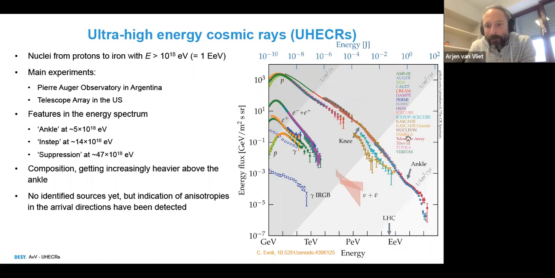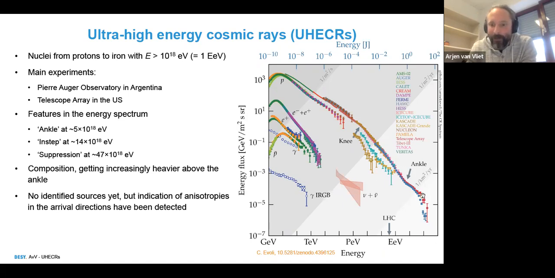But if we now go up to higher energies, we see 1 cosmic ray per square meter per year. So there, what you generally do is build ground arrays, detectors on the ground, and see the air showers that are produced in the atmosphere by these cosmic rays.